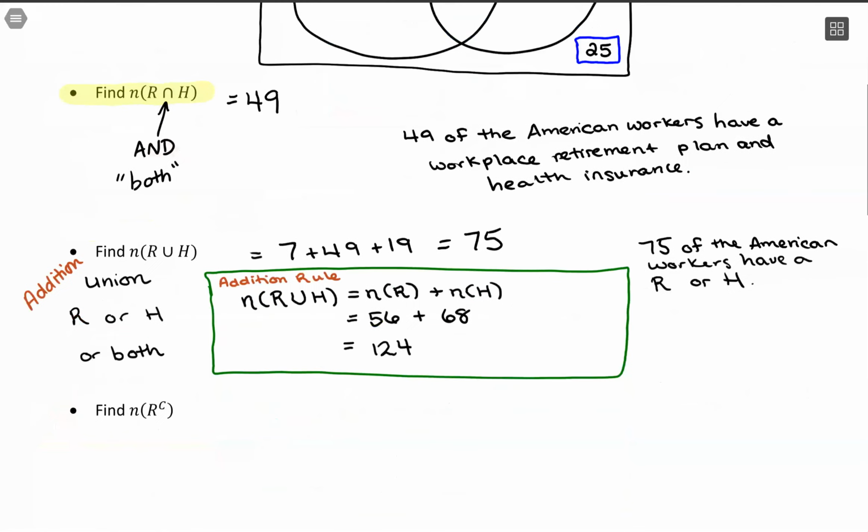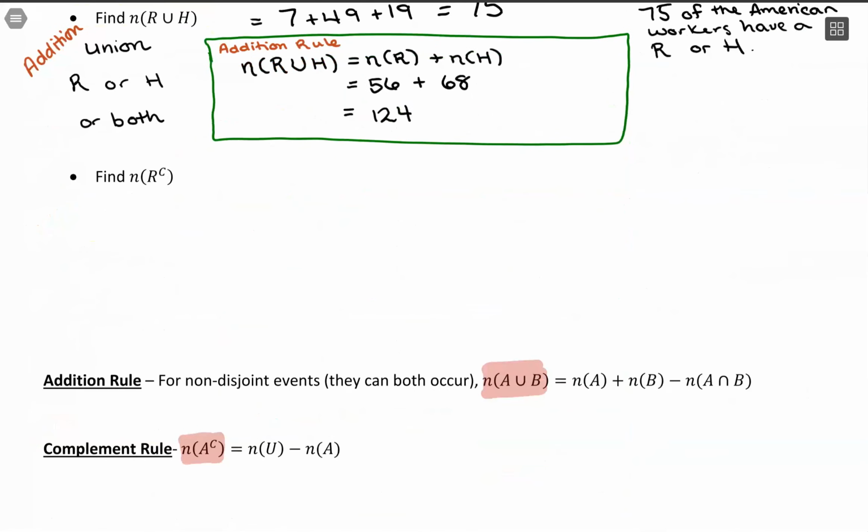So that's where you'll see in this rule down here, if we're looking for the union of two events, take one set plus the other set, but then we have to subtract where they intersect with each other. So for our example, we're going to subtract off that intersection of having a retirement plan and health insurance. So we need to subtract out that 49 to make up for it being counted twice.